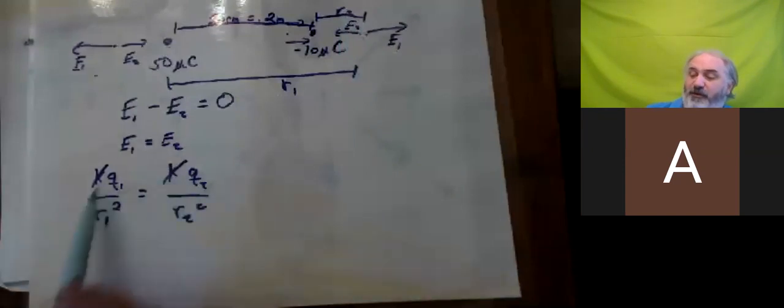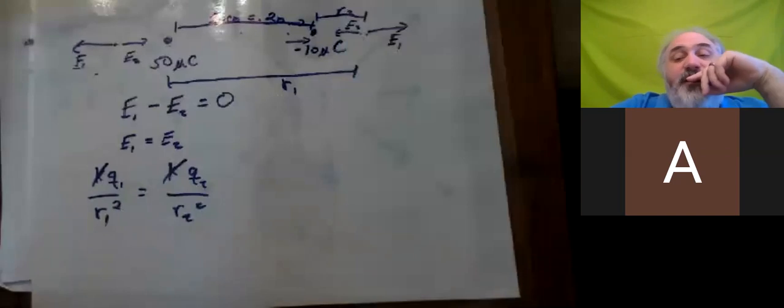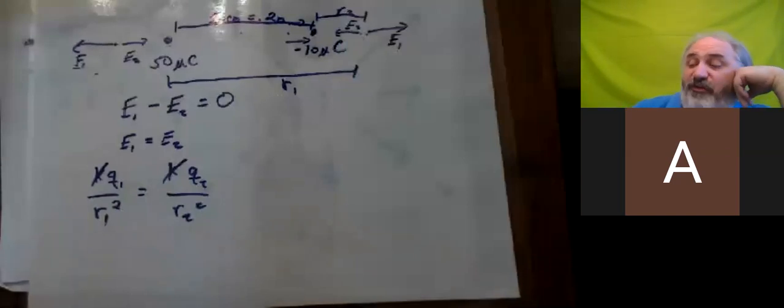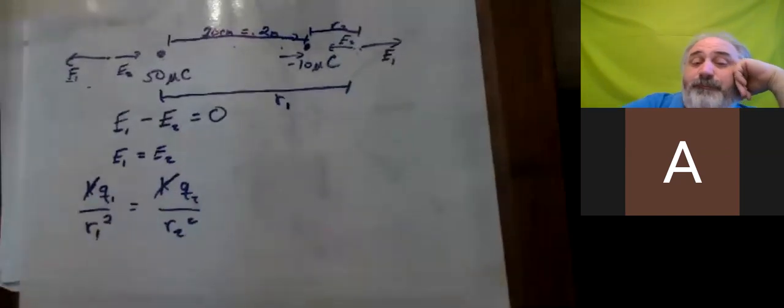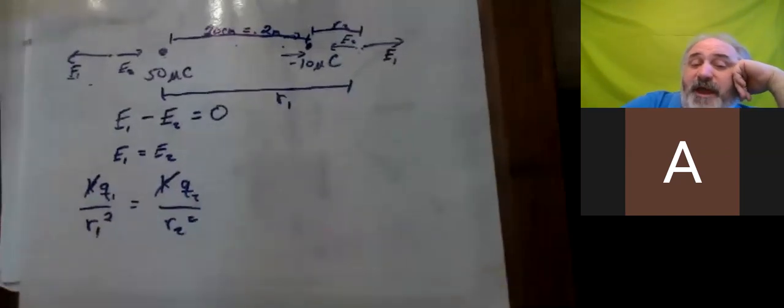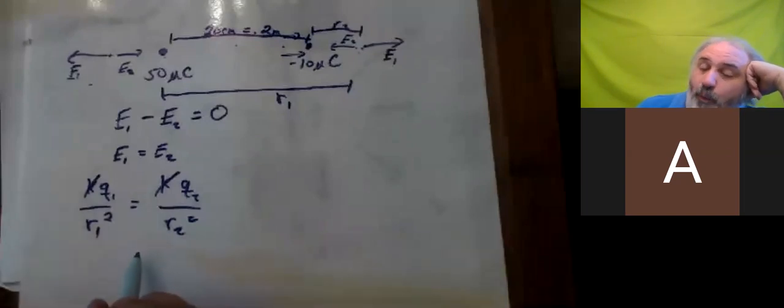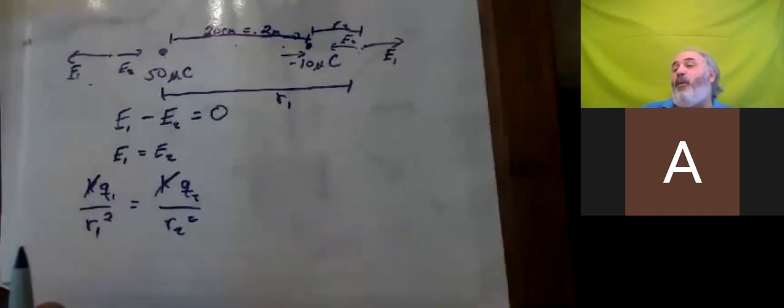I have one equation with two unknowns. In order to make that solvable, I need another equation. So could I find a second equation that I could use in tandem with this equation involving R1 and R2? Are R1 and R2 related to each other in any other way?